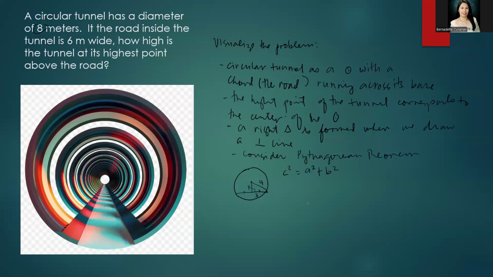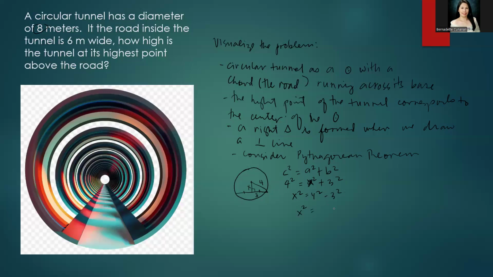If we let c be the radius, which is the longest side, we have 4 squared here. And then let's assign x squared, and then b squared will be 3 squared. So we have x squared equals 4 squared minus 3 squared.